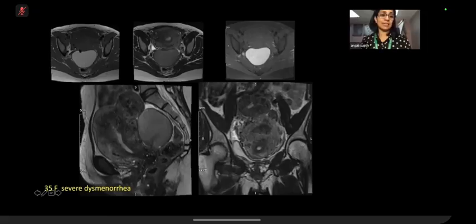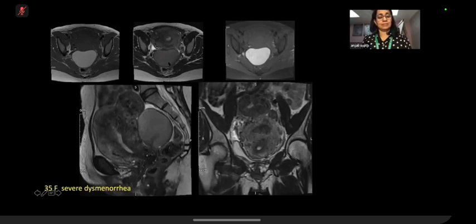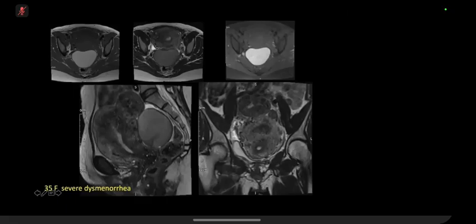So there is a T1 bright lesion in the pouch of Douglas, which is bright on T1. The next sequence is then a T2, on which I can see that the bright structure in the posterior compartment is iso-intense.